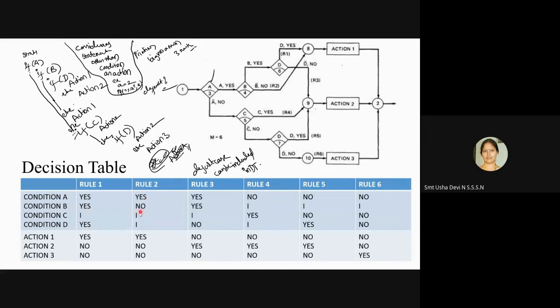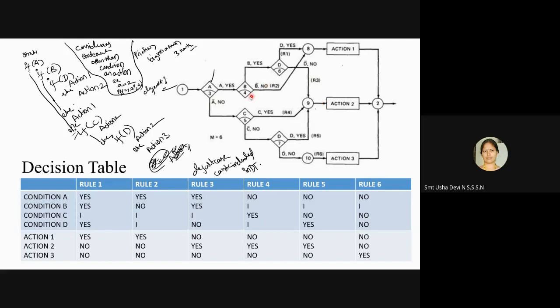So yes, no, I, I. Let's come to rule 3, action 2: A yes, B yes, D bar no. What about C? C takes I value because it is immaterial. C is not in this path. So yes, yes, I, no. That is the third rule.